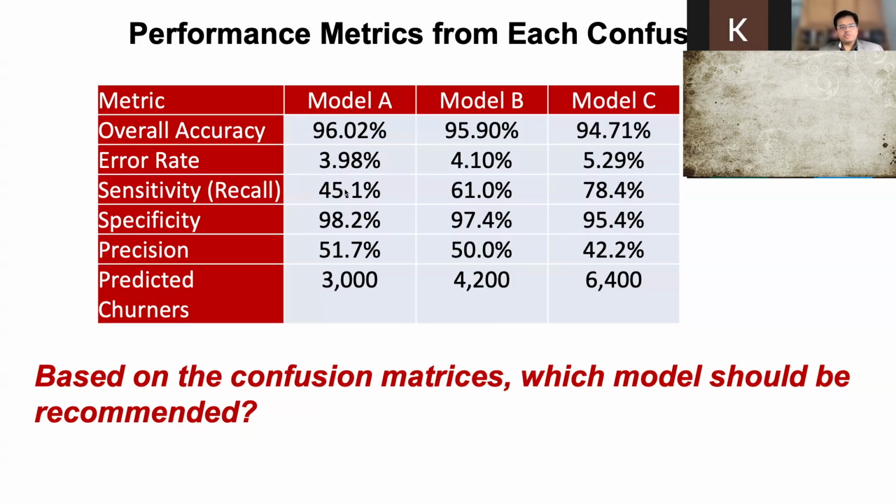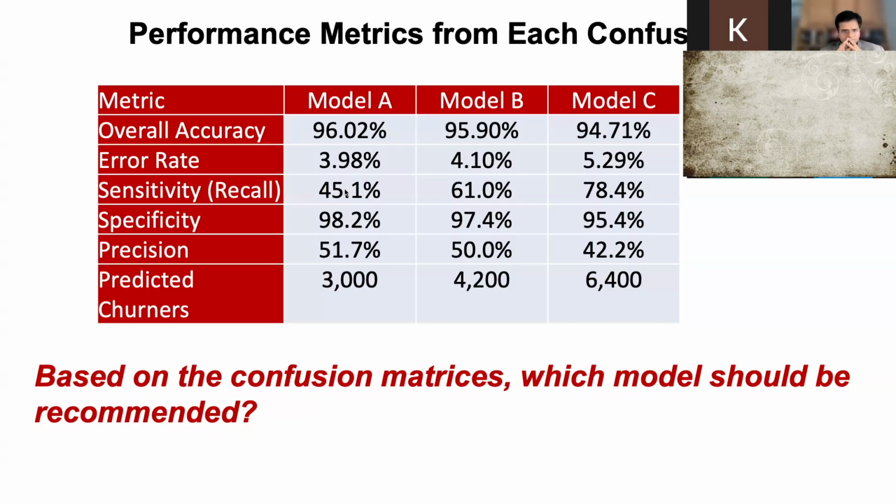Yes. So would you choose a different metric than what Ali had chosen? I mean, if I had to choose one of these three models, I would probably go with Model B. Okay, why? Because it is right in the middle.